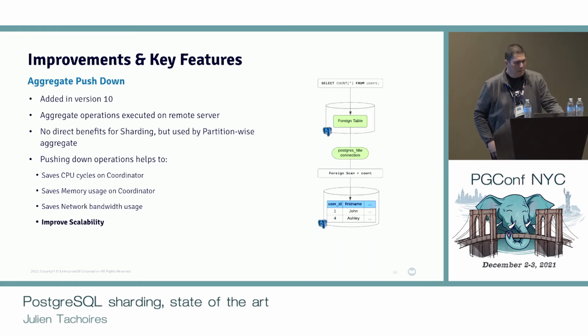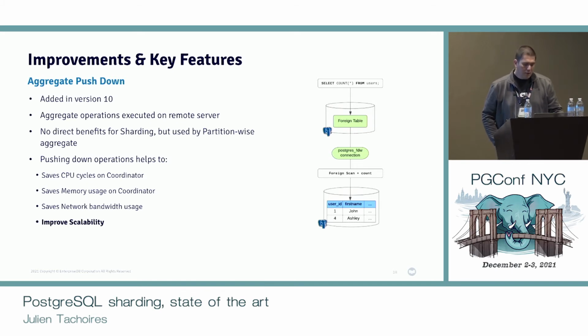Aggregate pushdown. The Postgres foreign data wrapper aggregate pushdown feature was added in Postgres version 10. It consists in executing aggregate operations on the remote server instead of fetching data and executing the aggregate operation on the local node.